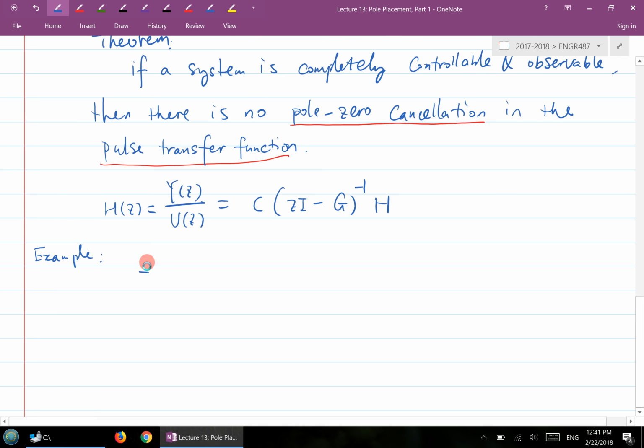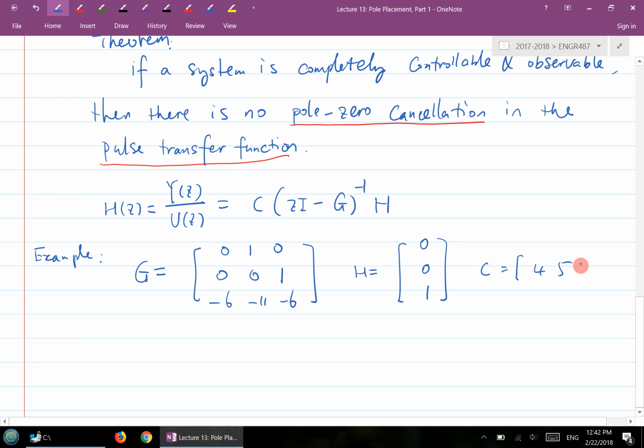Suppose we have a system with system matrices G and H, and here's the G matrix, here's H, and here's the C matrix.